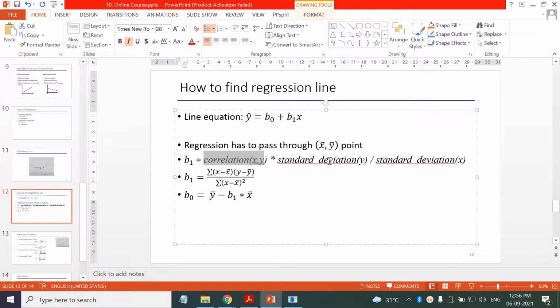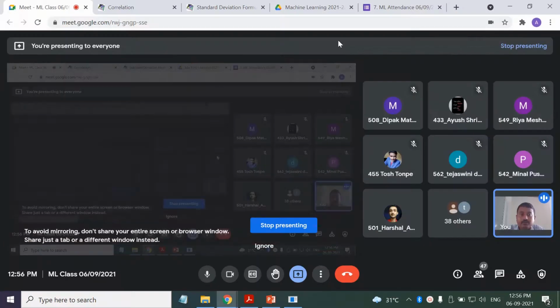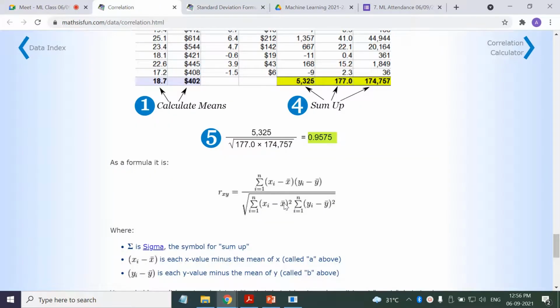Now if you simplify, I will show you the formula of correlation. Just quickly I will write it here. Summation of xi minus x bar times yi minus y bar, divided by the square root of summation i equals 1 to n of xi minus x bar squared, and summation i equals 1 to n of yi minus y bar squared.